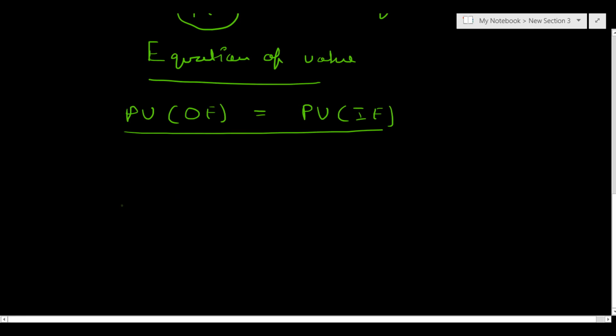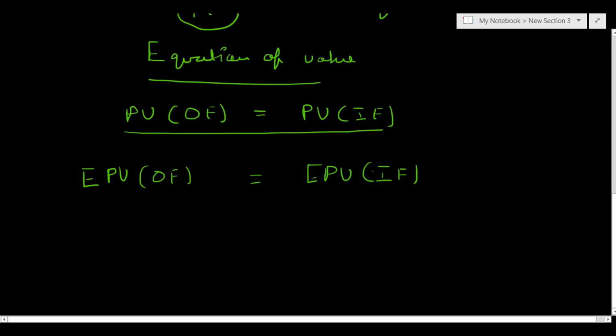What subject CD5 says is something very similar, but with probabilities attached to these present values. So subject CD5 says that the expected present value of outflows must be equal to the expected present value of inflows.